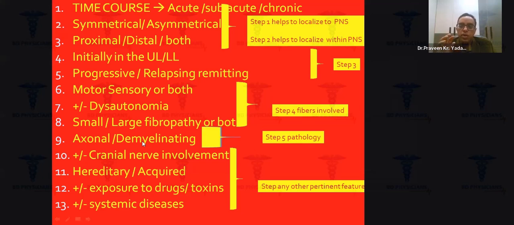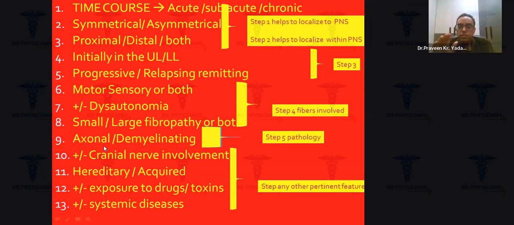But clinically, how can you say a neuropathy is axonal or it is demyelinating? There are a few points clinically which can be helpful. Now, axonal neuropathies are predominantly distal. Axonal neuropathies are associated with wasting. So there will be wasting, distal involvement, and only the distal reflexes will be involved.